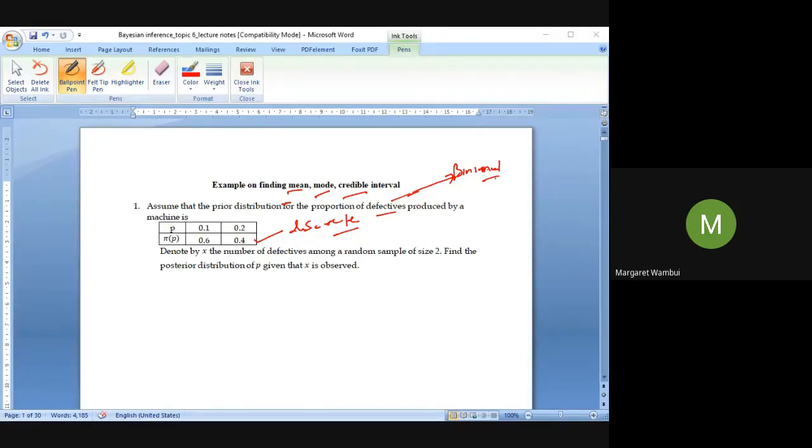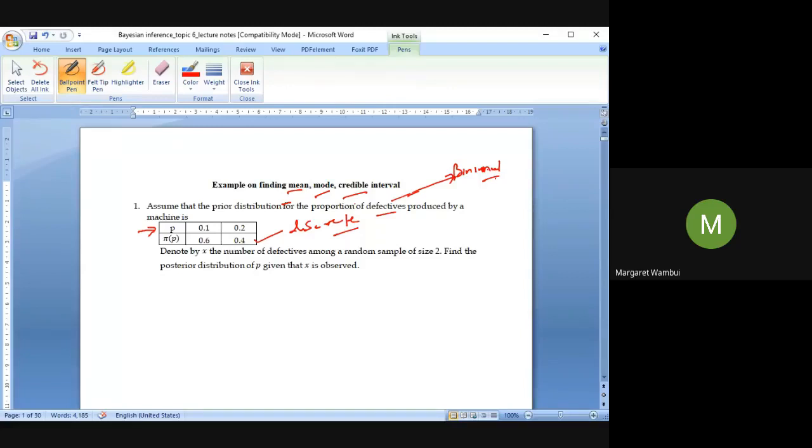So we have this question: assume that the prior distribution for the proportion of defectives produced by a machine is having these values. The value of P, which stands for the proportion, meaning the probability of success here is that the item is defective. So we are given two values of P, either when P is 0.1 or 0.2.